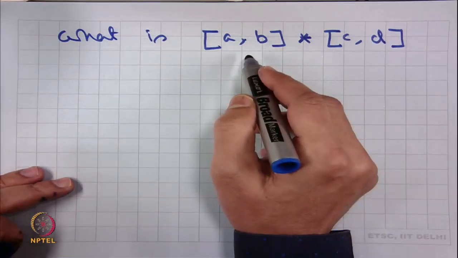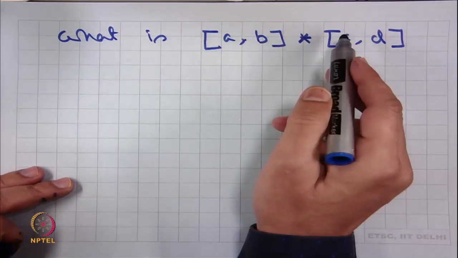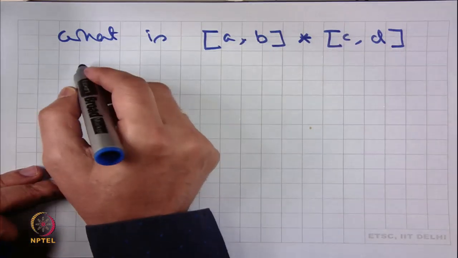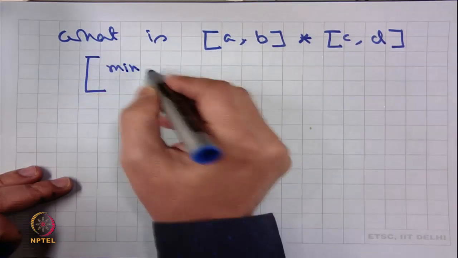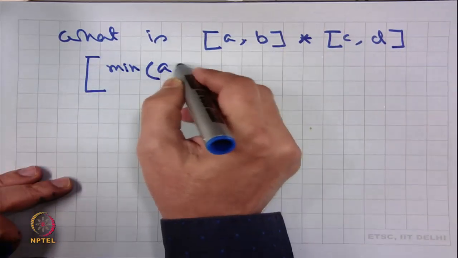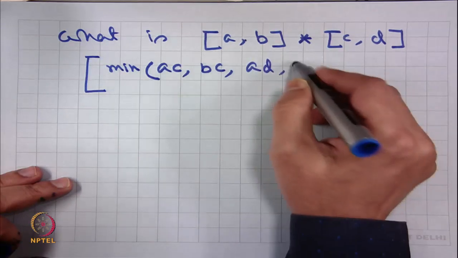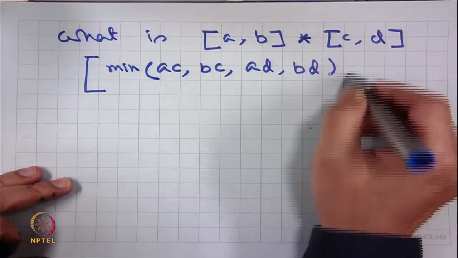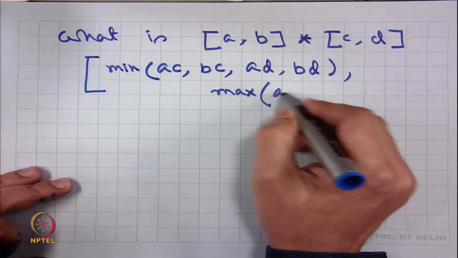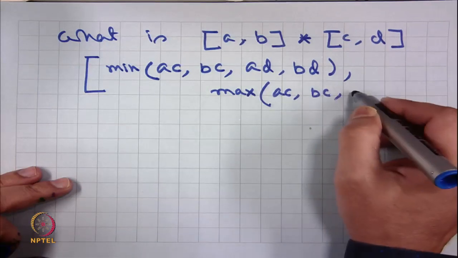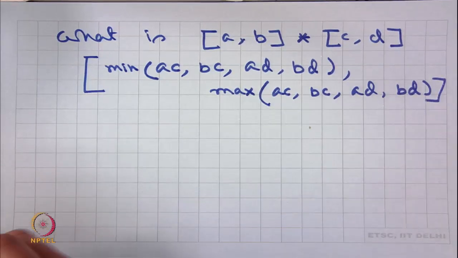Since the minimum of that will depend upon the respective signs of these, we will get the interval to be the minimum of the 4 possibilities AC, BC, AD, BD, and the largest value is going to be the maximum of AC, BC, AD, BD. So, let me illustrate.